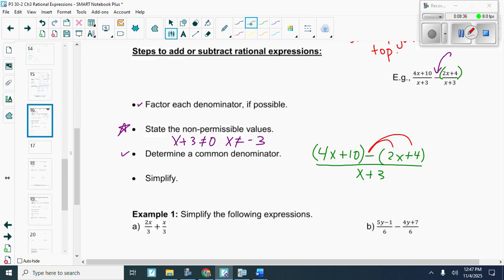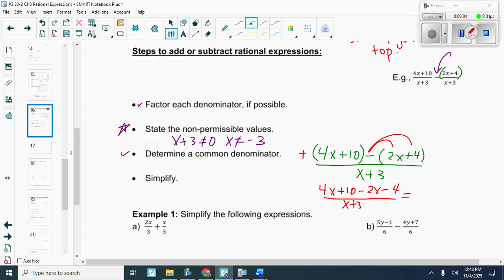When there's a positive in front of the brackets, like if there's no sign, it means there's a positive, so you can just drop your brackets. We're not doing any sign changes. So this is 4x plus 10 minus 2x minus 4. We subtracted the 2x and we subtracted the 4. Now we can simplify this.